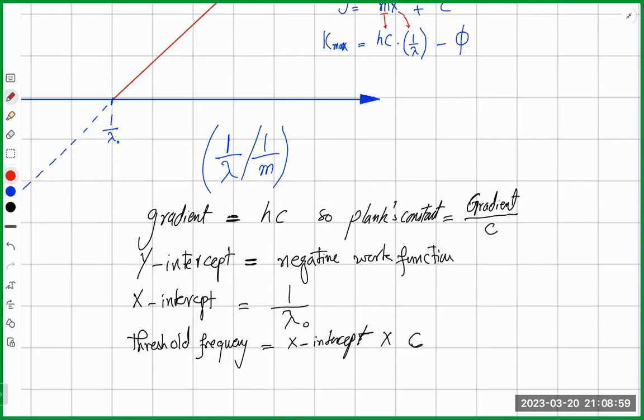If you need the Planck constant, you can do gradient divided by c. The y-intercept will be the negative of the work function. The x-intercept will be 1 over lambda naught, which means 1 over threshold wavelength. And threshold frequency you can get by multiplying the x-intercept, 1 over lambda naught, by c.